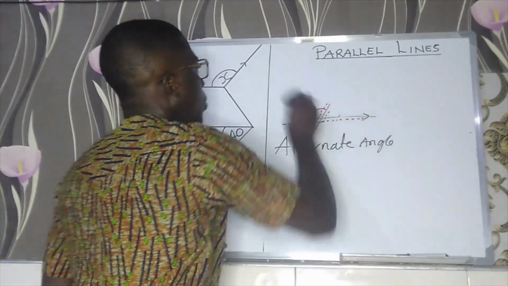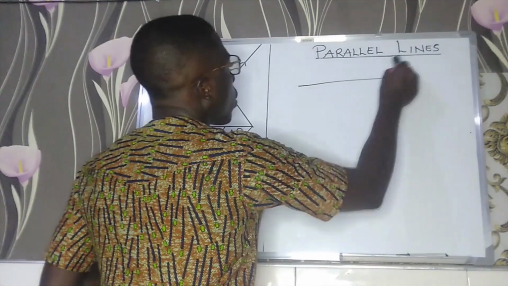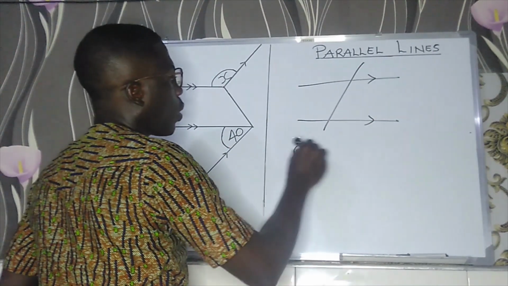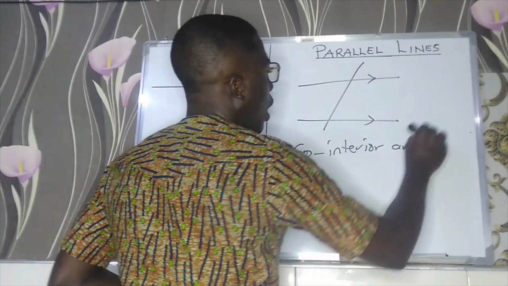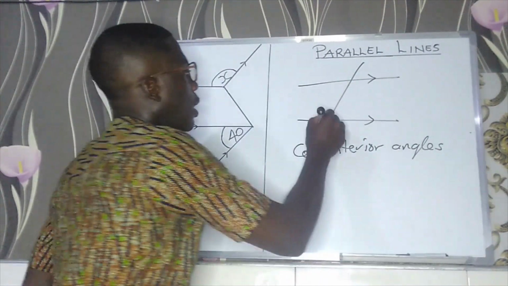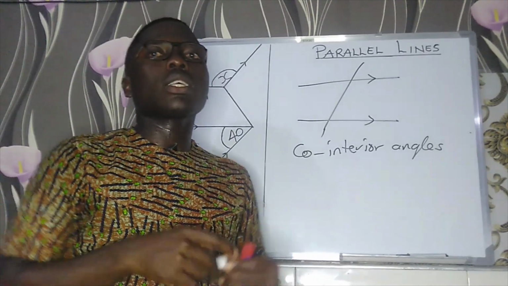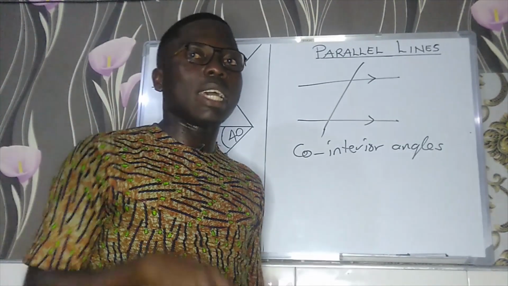Now, the last one is co-interior angles. And we talk about interior angles. They are angles within the diagram. The angles formed in the diagram.